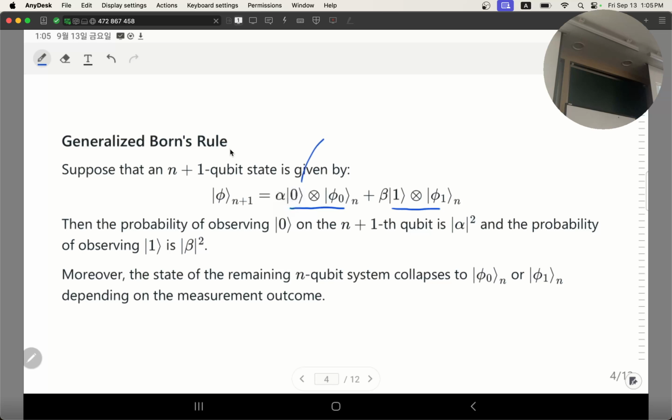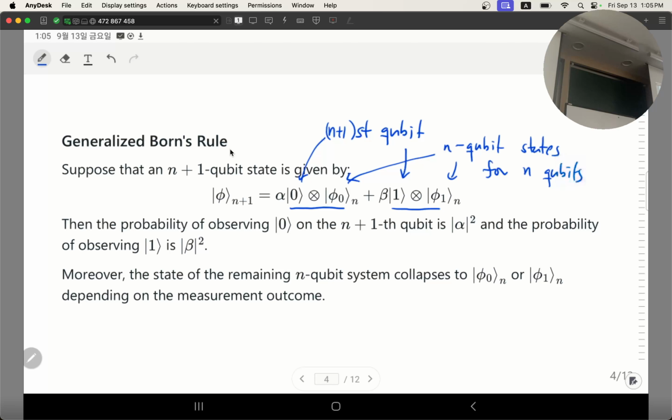So this is the n plus first qubit state, and the one on the right is the n qubit states for n qubits. Okay, so don't be confused by the order and the label of the qubits. There are n plus 1 qubits.